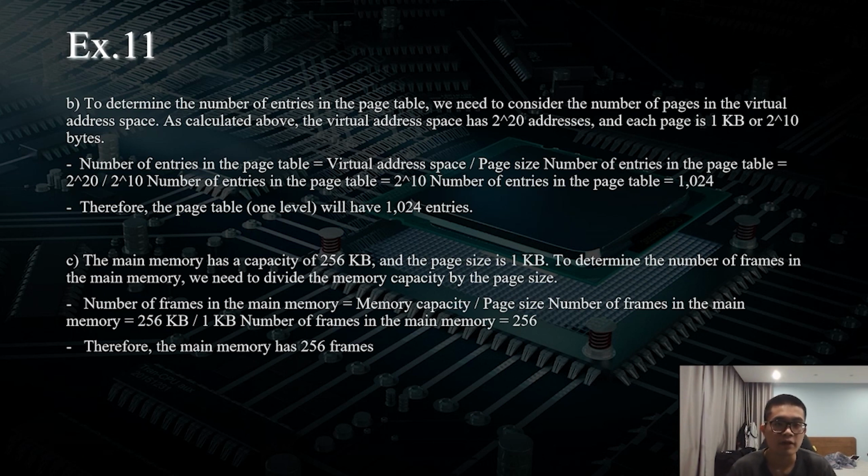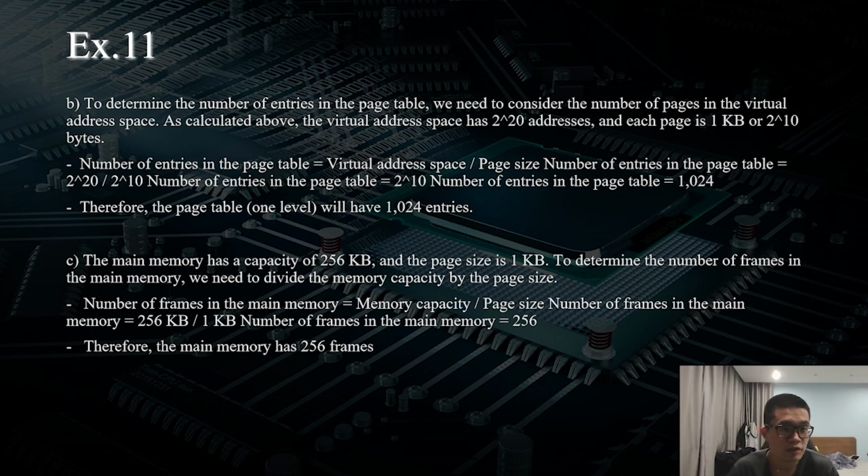We have the function that the number of entries in the page table equals the virtual address space divided by the page size, which equals 1,024 entries. Therefore, the page table in one level will have 1024 entries.